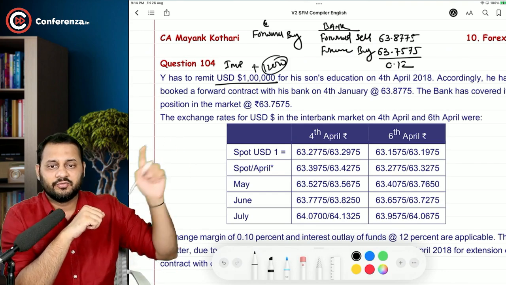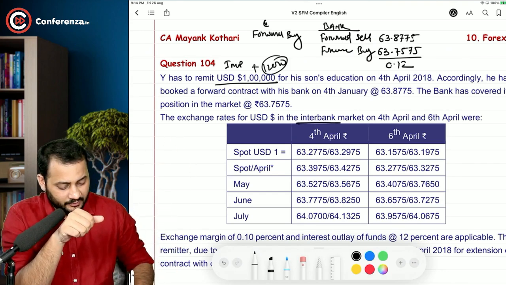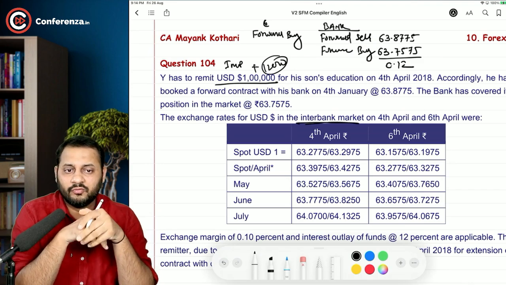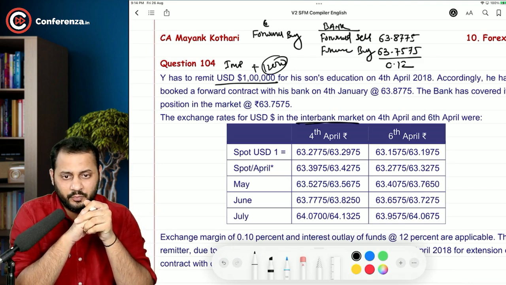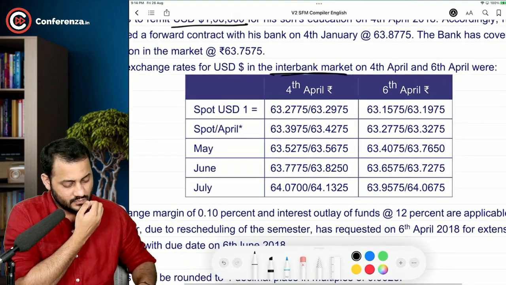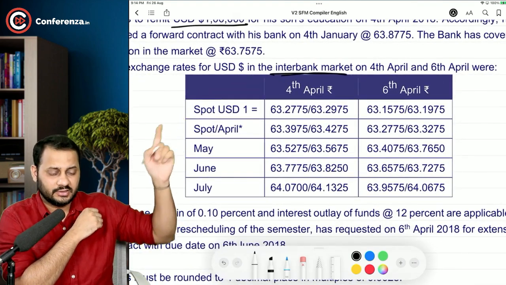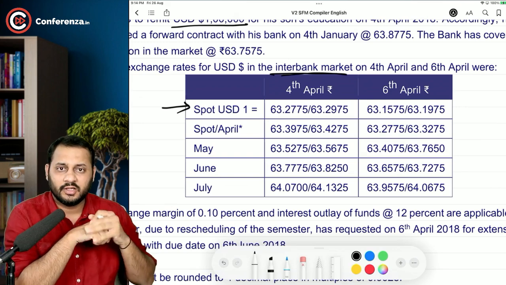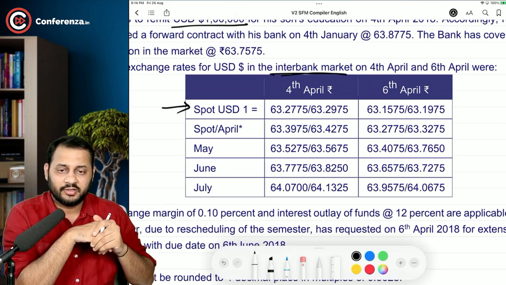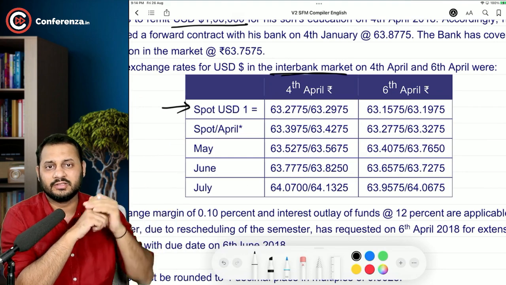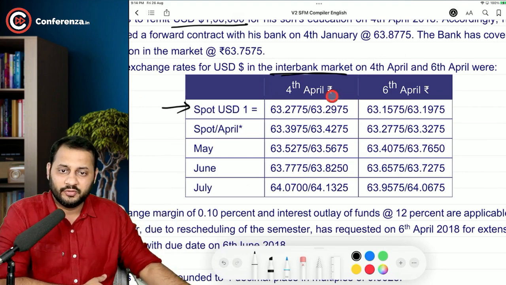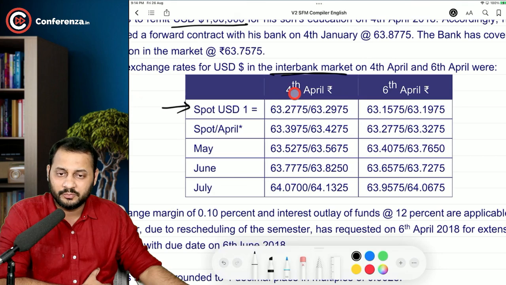The exchange rate for US dollar in the interbank market on 4th and 6th April is given to you. 4th April and 6th April, this is the spot rate. Now understand, after the spot rates, again the spot of April is given. A lot of people will get confused, but please understand, this is the 4th April, and on 4th April, the forward rates for April closing, May closing, June closing, July closing are given.